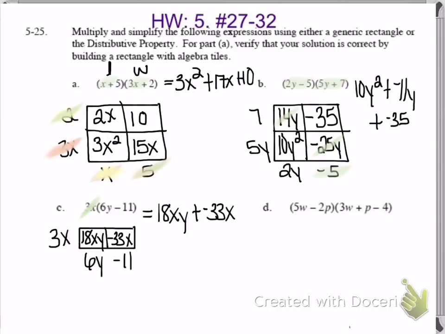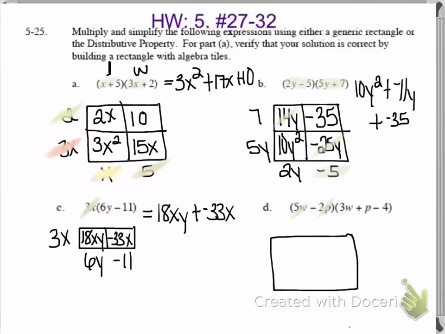Letter D is a challenge because I do have two terms in that first parentheses, but notice that I have 3 in the second set of parentheses. Here's how I'm going to modify my generic rectangle. I'm going to draw it just like I normally did.